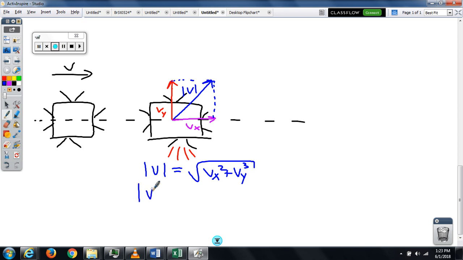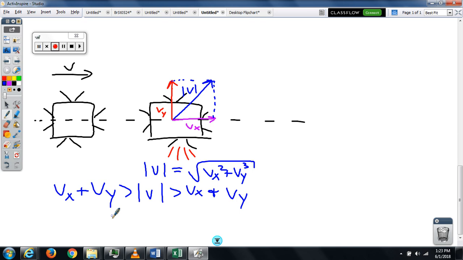So V is going to be greater than Vx and Vy both, but will be less than the arithmetic sum, Vx plus Vy.